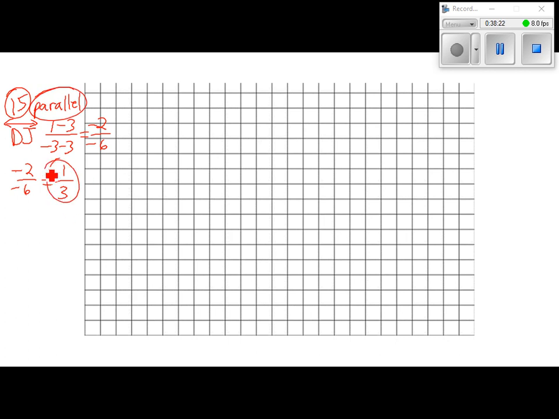Now I'm going to come over here and graph the original point that they gave us. The original point they gave us, looking back at the problem, was (3, 0), so we go right 3 and up or down 0. Then we use this slope to move. It tells us go up 1 and to the right 3.